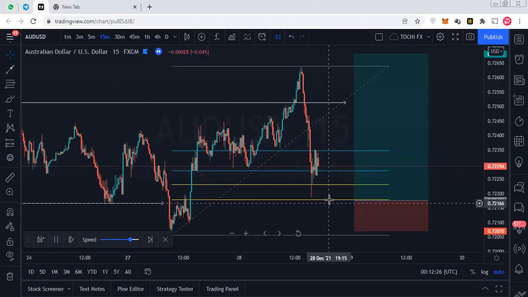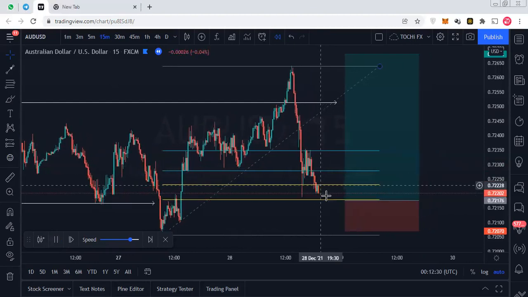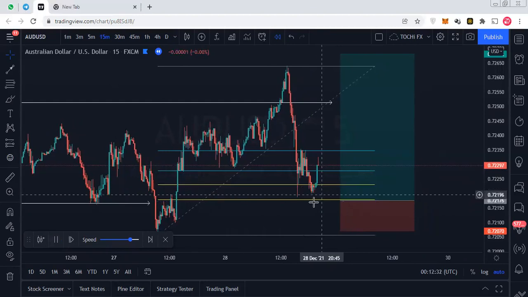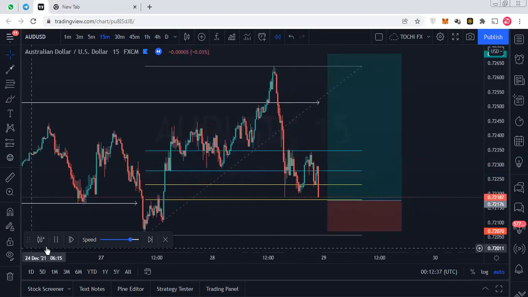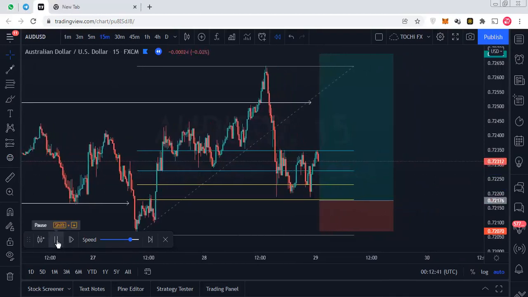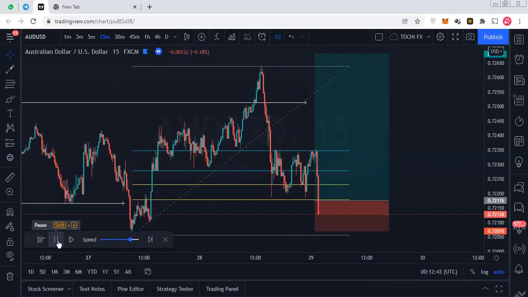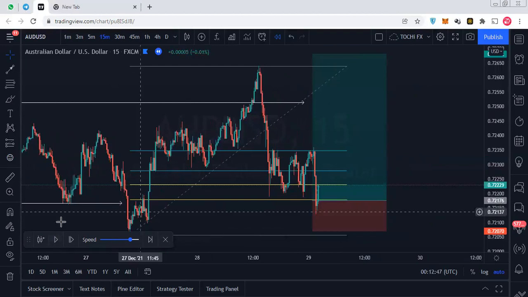Want this below the yellow line. Down, we can still buy, we can still hit the buys, no problem. But still, when it gets down here, that's a cool time to buy. Now we have a perfect buy trade. Now let's allow it to play out and see what's up.